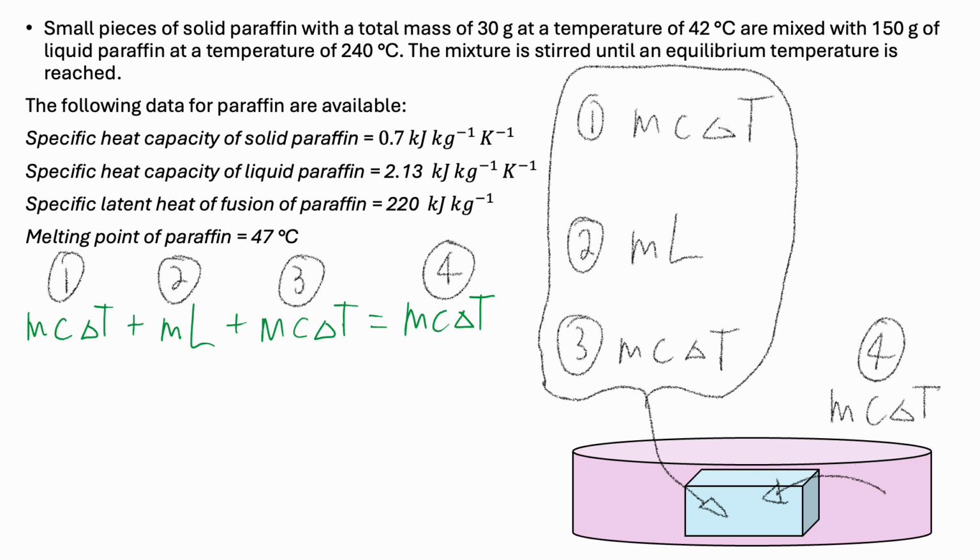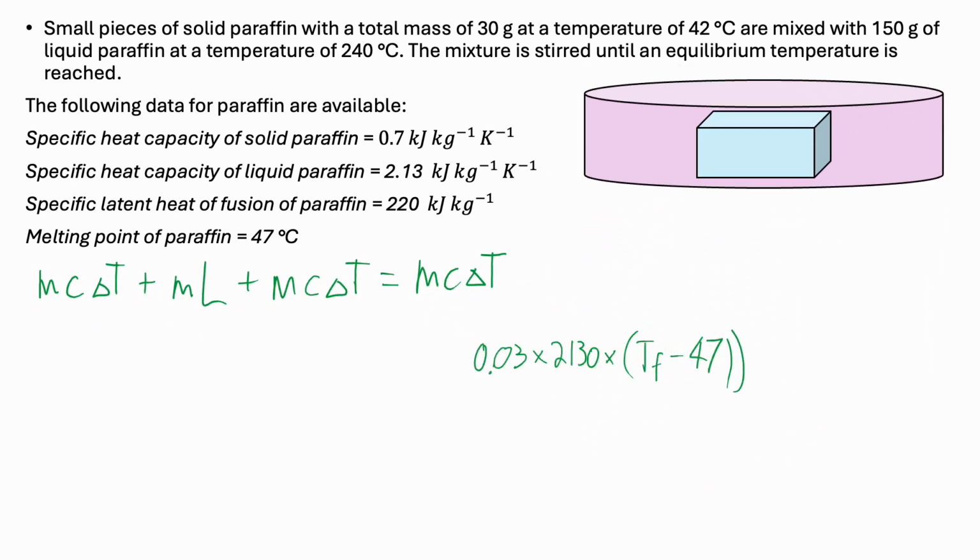Now, when we do a little bit of working around here, that first expression is changing the temperature using the data above, and I've converted into joules per kilogram per Kelvin. And that's raising from 42 to 47, so the change in temperature is 5.